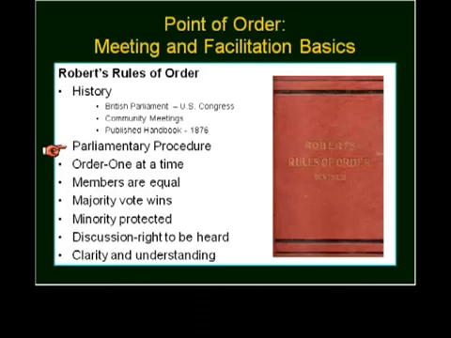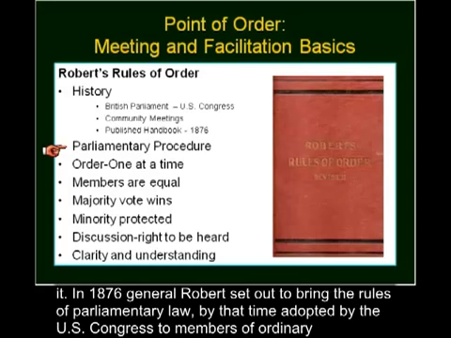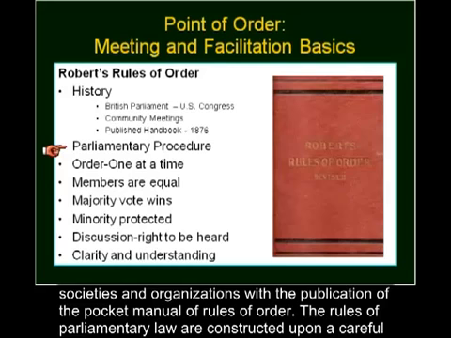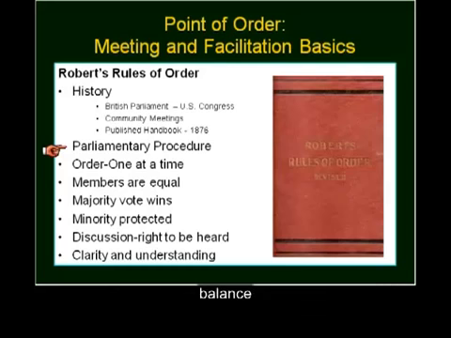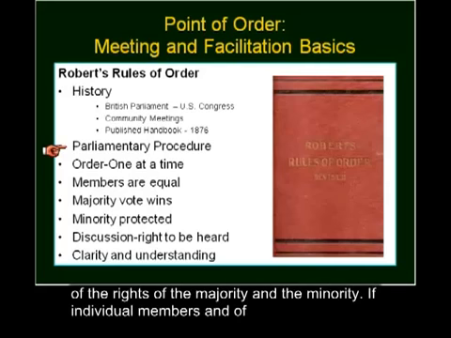In 1876, General Robert set out to bring the rules of parliamentary law, by that time adopted by the U.S. Congress, to members of ordinary societies and organizations with the publication of the Pocket Manual of Rules of Order. The rules of parliamentary law are constructed upon a careful balance of the rights of the majority and of the minority, of individual members and of absentees.